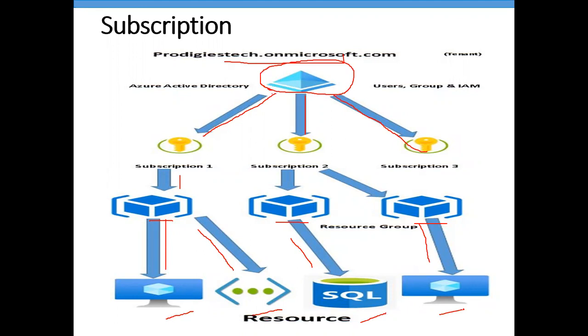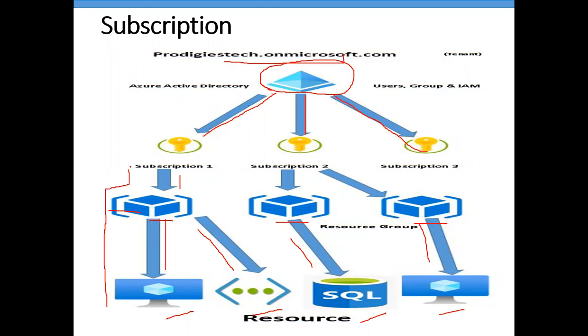All of these are called resources. What is a virtual network? What is a virtual machine? What is a database? We will discuss it when we start learning about those particular services. I know that you don't know what a resource group is right now, but yes, this process we are going to follow in our upcoming sessions, and even in today's session.